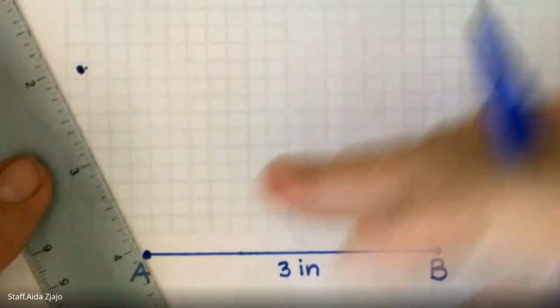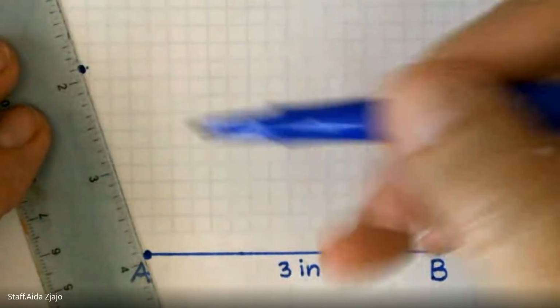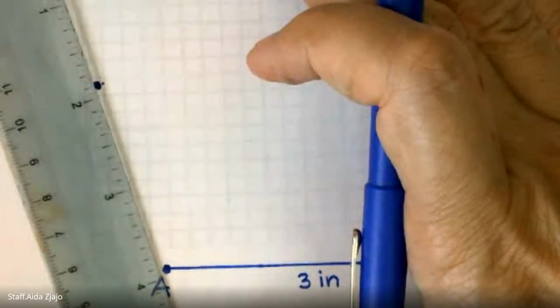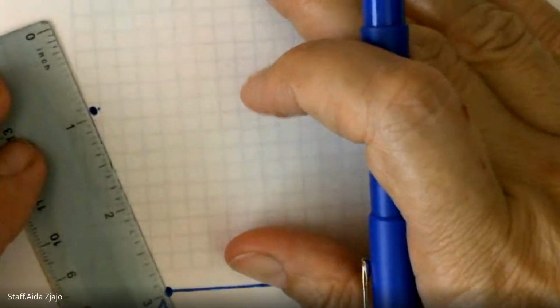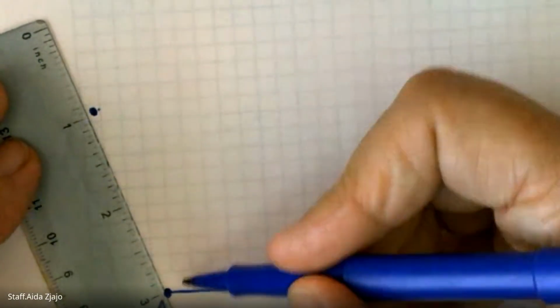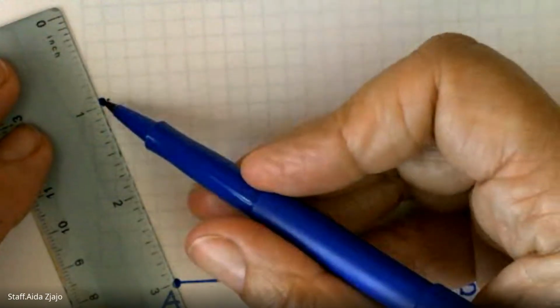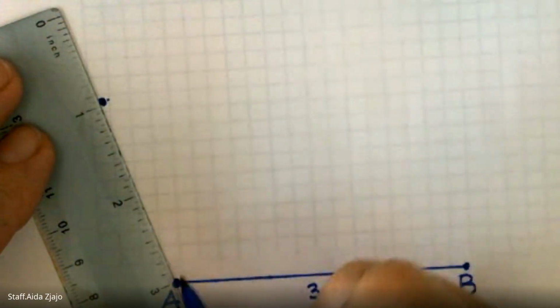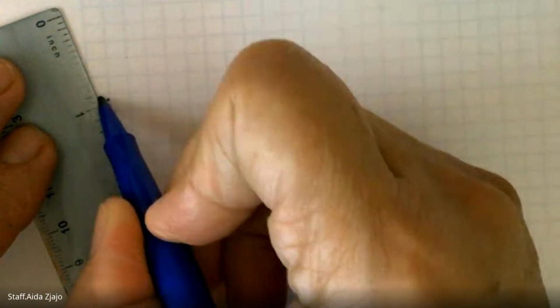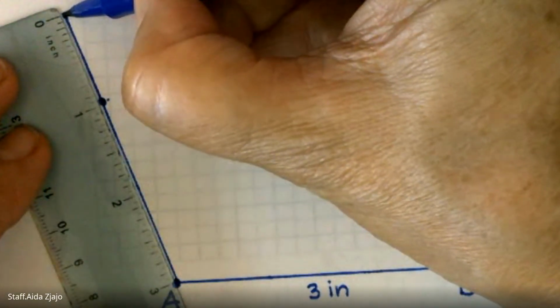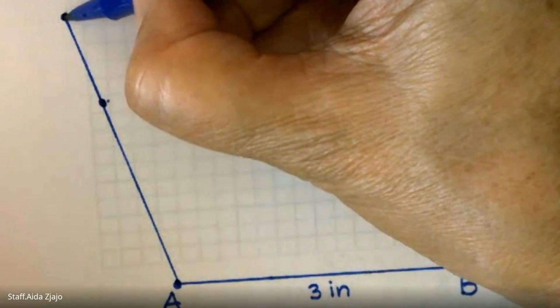So now I need a ruler, and I'm going to connect A with the dot, but I also need 3 inches, so I'm going to put my ruler at 3 inches, touch the dot, and create a line that is 3 inches long.